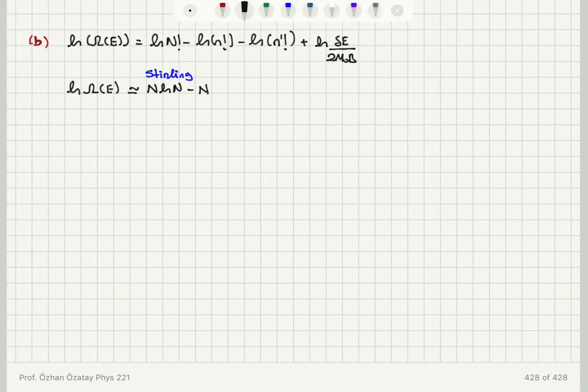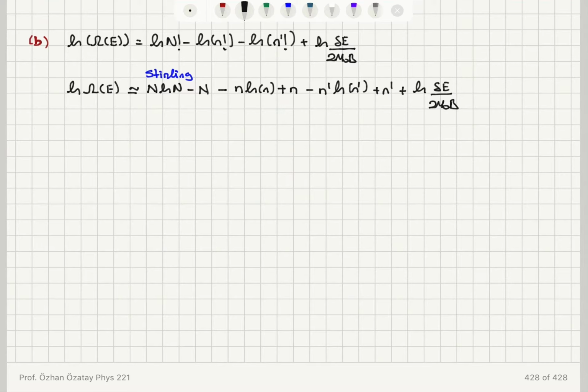And for n factorial, I can do the same thing. Minus n ln n plus n, because of the minus sign up front. And similarly, minus n prime ln n prime plus n prime. And then I have the last term, ln delta E divided by 2 mu 0 B.